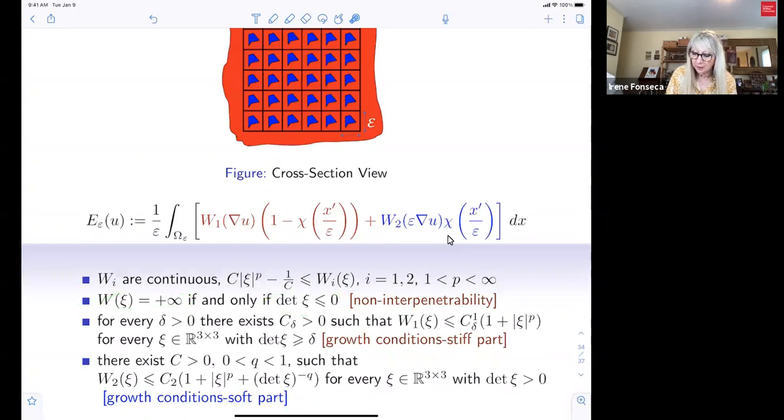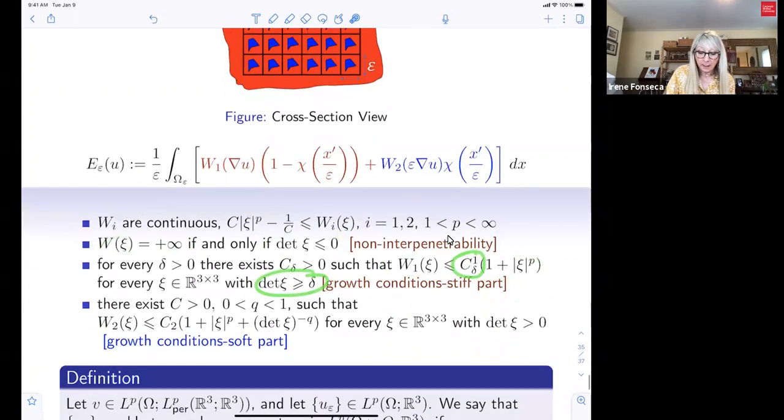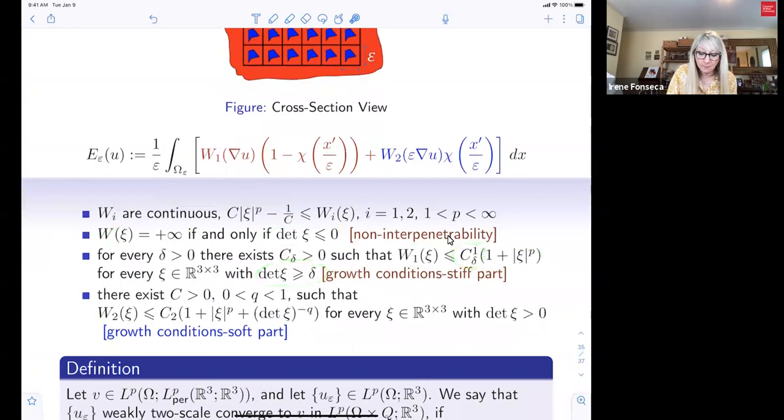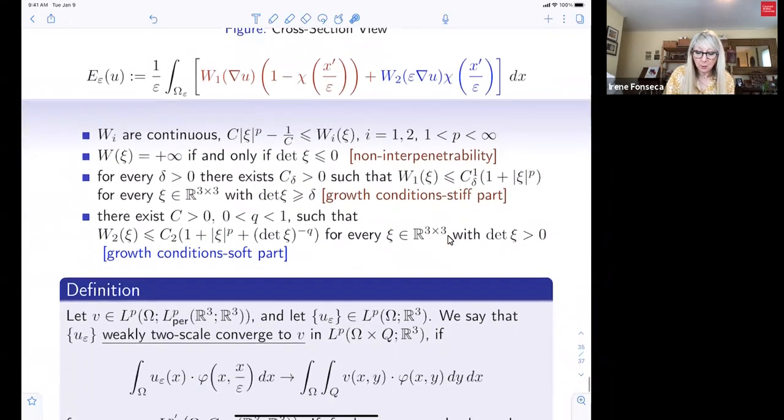I can assume that from above, I have some type of polynomial growth, but again, it will explode as the determinant gets close to 0, right? So you see that there's this one dependence there. And a prototype could be something like that. Okay, that's very familiar.